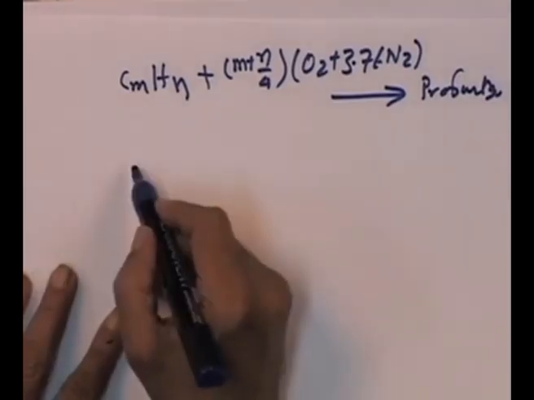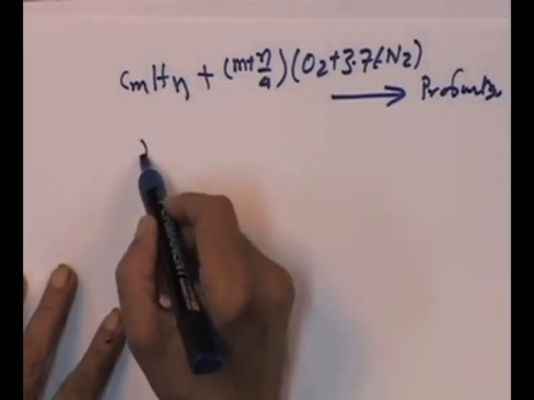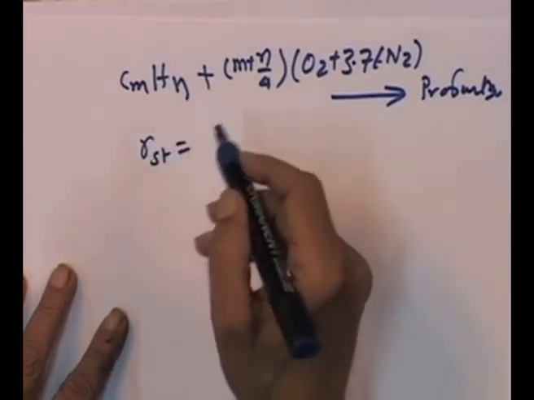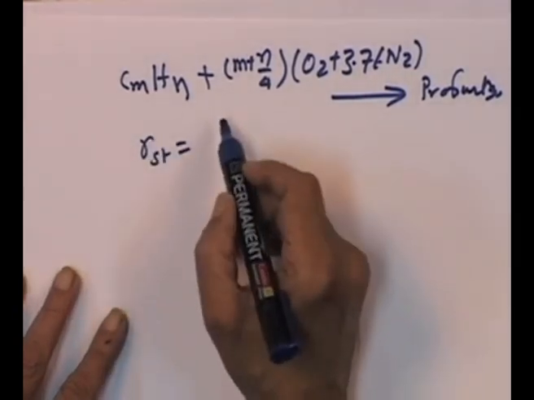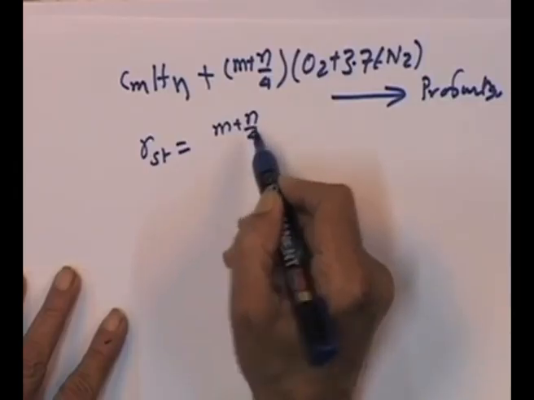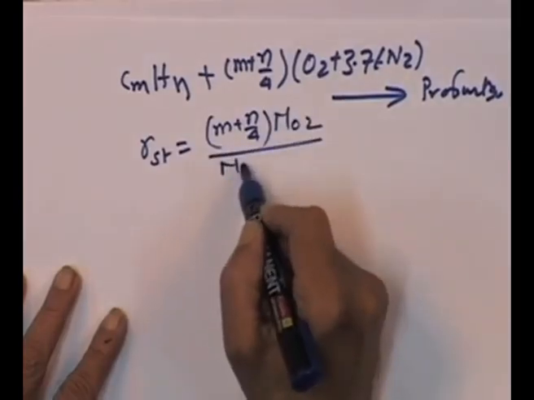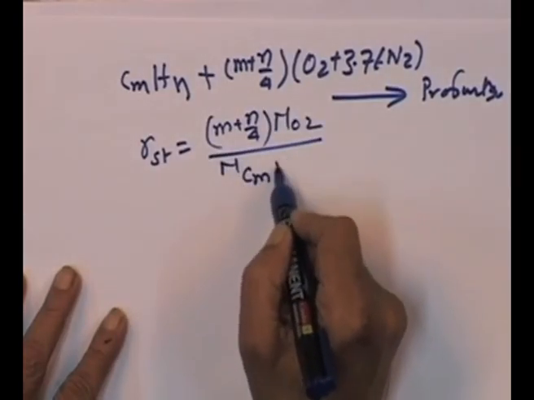And therefore, our stoichiometric ratio Rst is equal to (m + n/4) into molecular weight of O2 divided by molecular weight of CmHn.